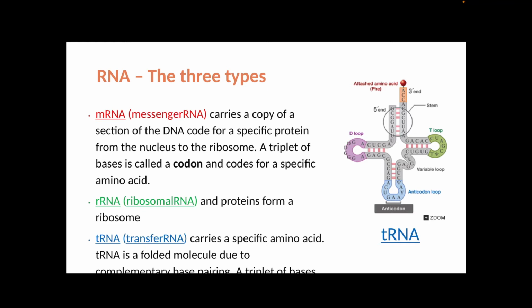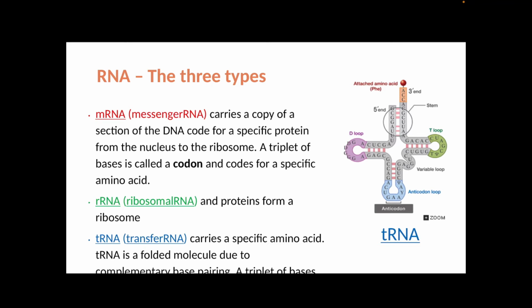That's because the anticodon will match with the codon on the mRNA. So if an mRNA has AAA as a codon, the matching complementary anticodon will be UUU. That means that the mRNA and the tRNA molecules are able to join together using complementary base pairs. And this is really important when it comes to translation.